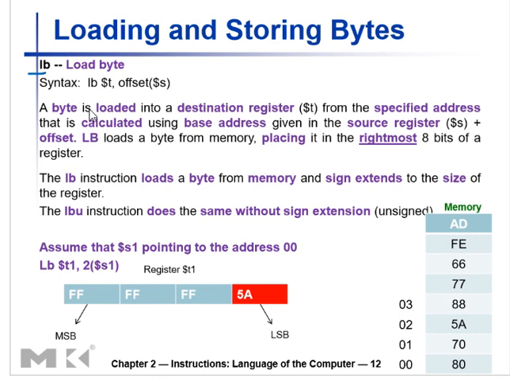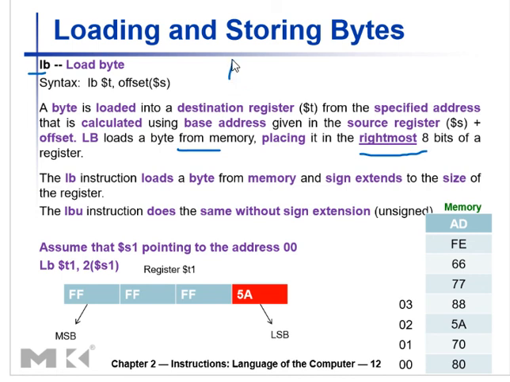Load byte means it loads a byte value, an 8-bit value. 8 bits is called 1 byte. A byte is loaded onto the destination register from the given address. So it loads a byte from memory onto the rightmost 8 bits of the register.